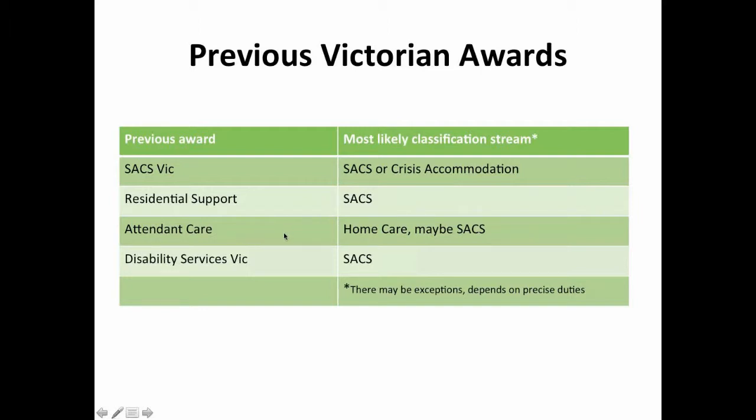In terms of attendant care, your most likely translation is into home care, but those employees may translate into the SACS part of the SCHADS or Schedule B, depending on what their position descriptions outline. Disability services in Victoria are more likely to translate to the SACS part of the SCHADS. There may be exceptions, as you can see, and that will depend on the precise duties, and it's really about you having a look at the position description and rating that against the Modern Award classification schedules.